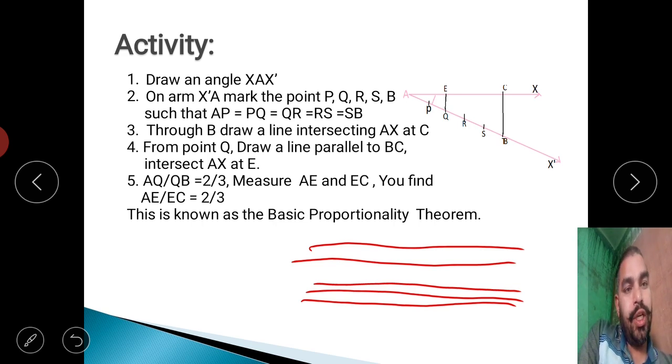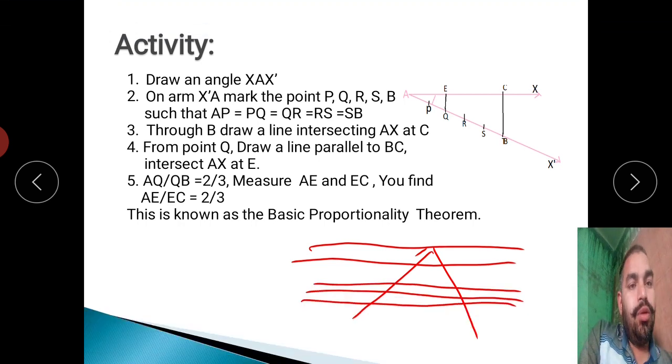Take a point here and draw lines, then measure this distance, the second distance, the third and the fourth. These ratios are equal to each other.